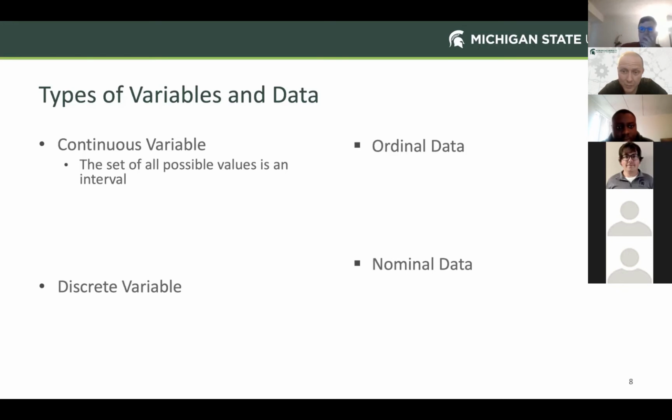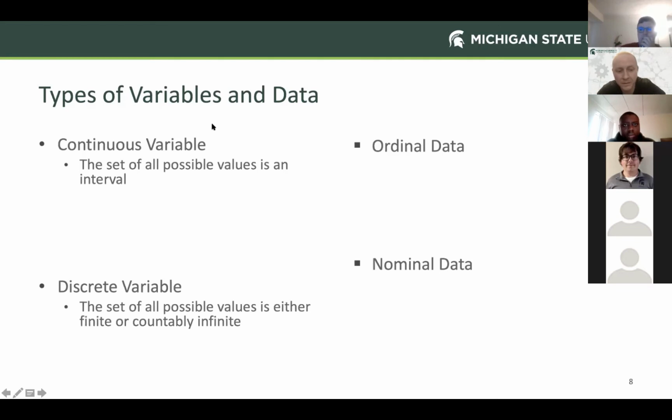So as an example, vehicle speeds, we could probably measure to the 10th or 100th of a mile per hour in some cases, or we may be relying on a radar or LiDAR gun that's only reporting to the nearest mile per hour, for example. But it's essentially we can measure any value over that continuous range in those instances, okay?